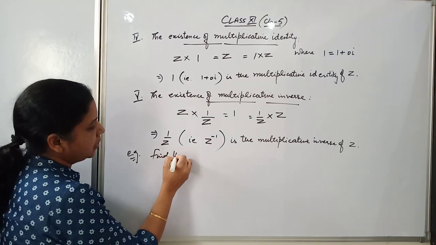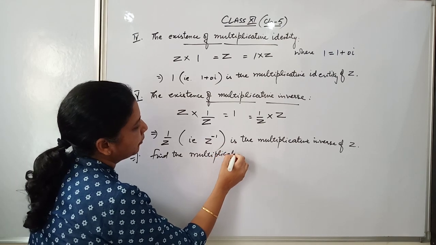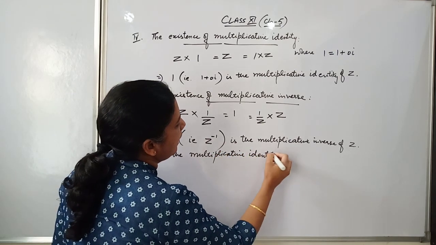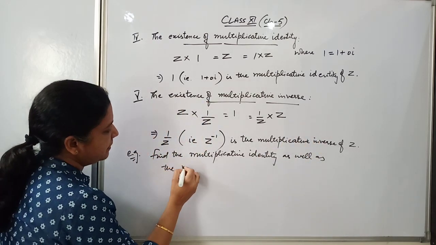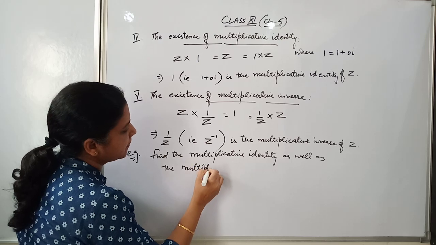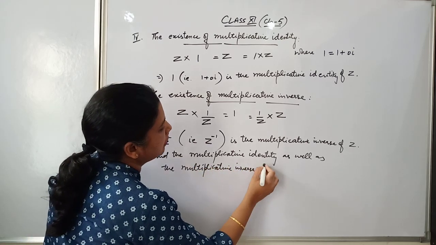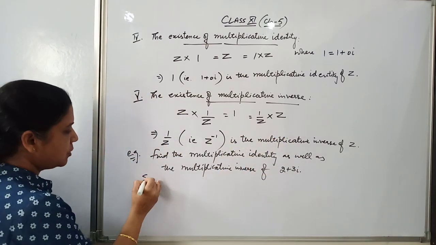Let's take an example for understanding these two once again. Find the multiplicative identity as well as the multiplicative inverse of any number 2 plus 3 iota. Let's do the solution.